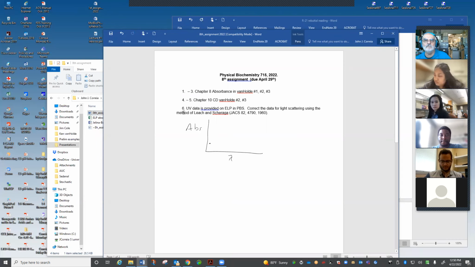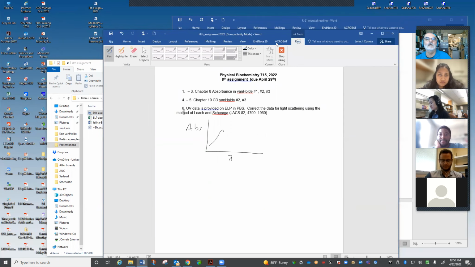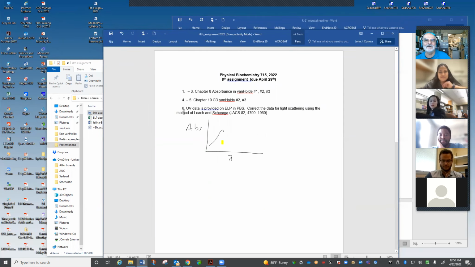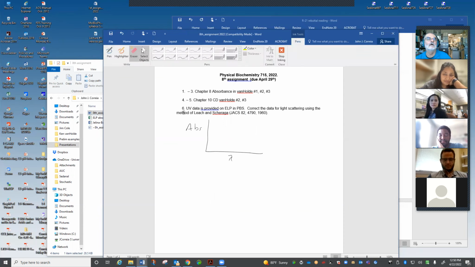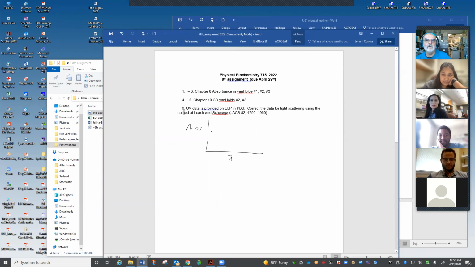So there's some kind of spectrum that has a peak at 280. I don't remember what it looks like, so I have to plot it. It may look something like this, and then out here there's some scattering.